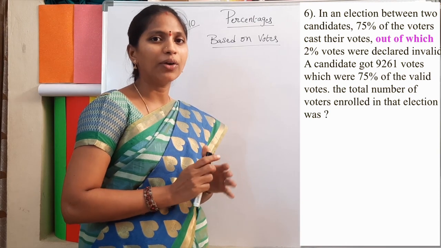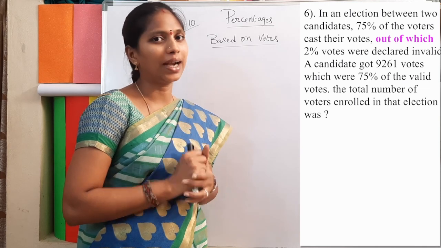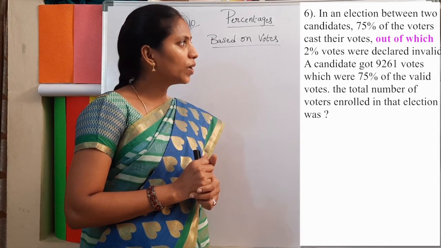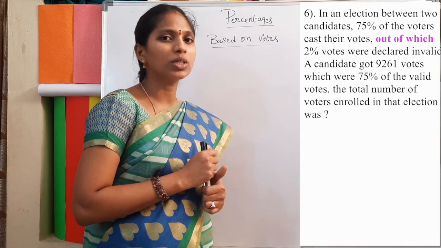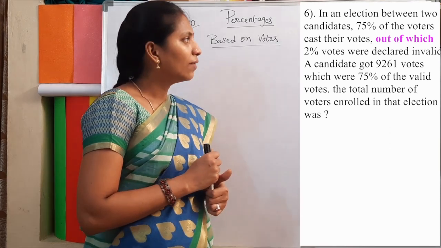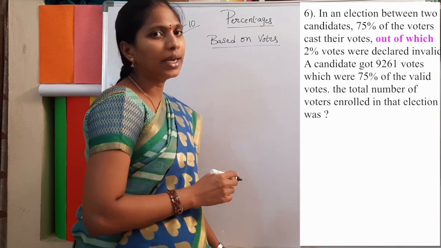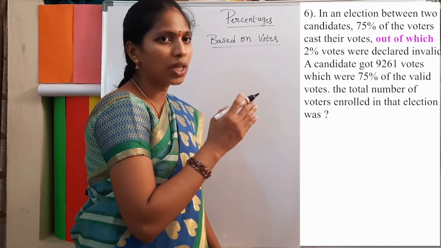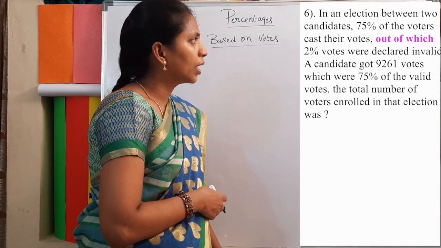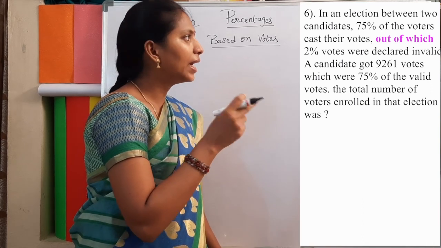Next question. This question is very important. Up to here, I have taken the initial value or total number of words as 100. But for this question, I want to take the initial value or total number of votes as X. Why? Because see the question: in an election between two candidates, 75% of the voters cast their votes, out of which 2% votes were declared invalid.